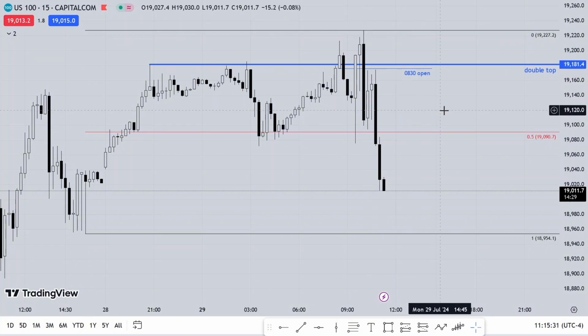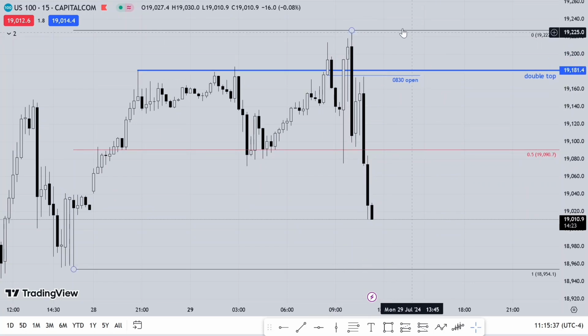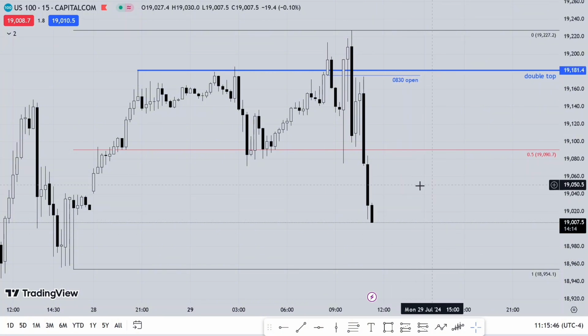So your first target when you are coming from a premium is equilibrium. So you are selling from a premium price, from an expensive price, to unload or to offload your orders at a discounted price.